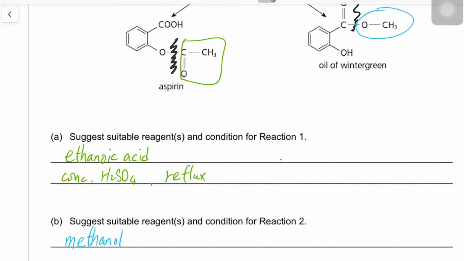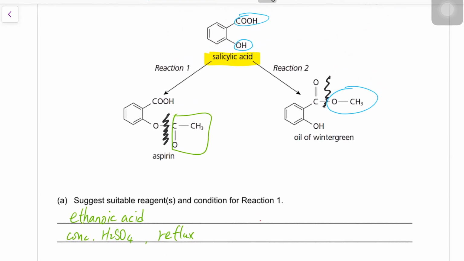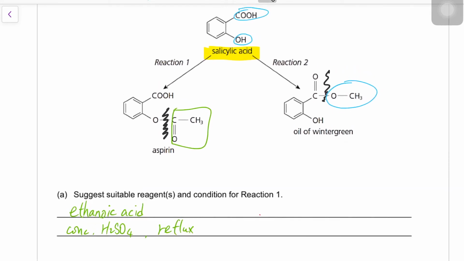So again, the condition will be concentrated sulfuric acid and reflux. And here shows. So you can see the reason we learned the chemical reactions in the last section is that we try to introduce daily examples of how we can produce aspirin or oil of wintergreen from the salicylic acid given.